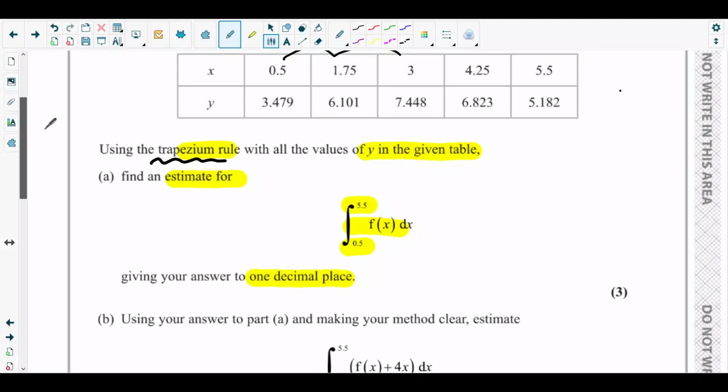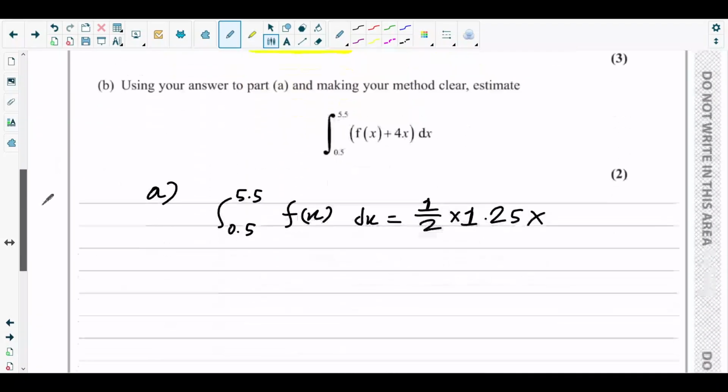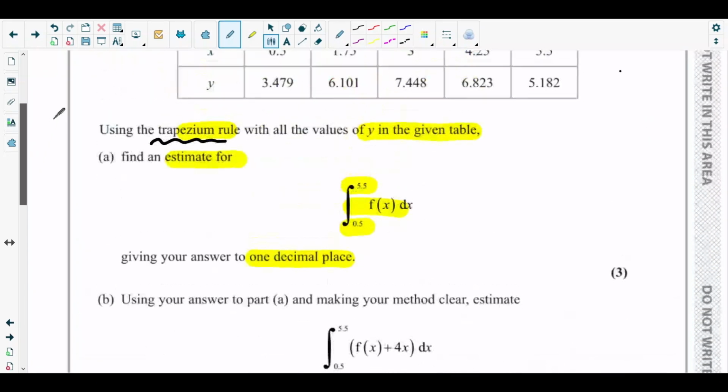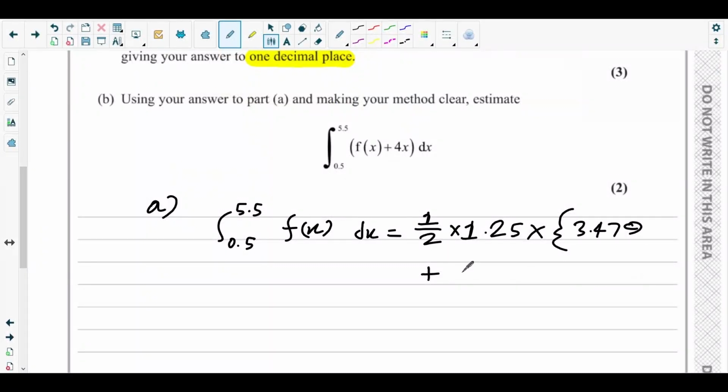Then, times the first y value, 3.479, plus the last y value, 5.182, plus 2 times the rest of the y values.